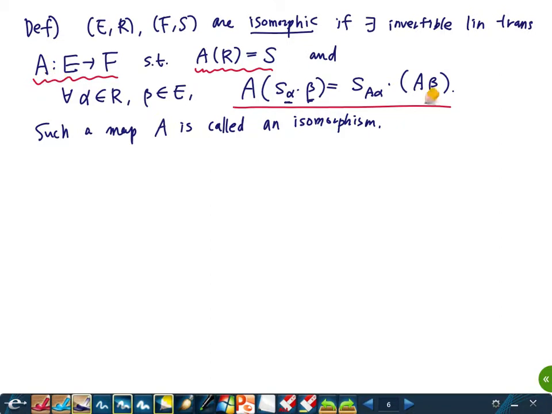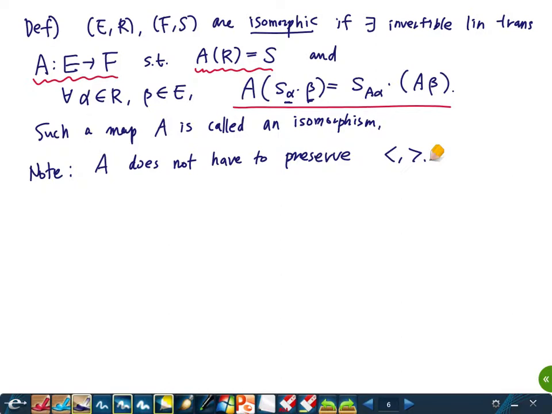But one thing you need to notice here is that A does not have to preserve the inner product. If the inner product were preserved, that would mean it preserves the length, right? But it may not preserve the length.